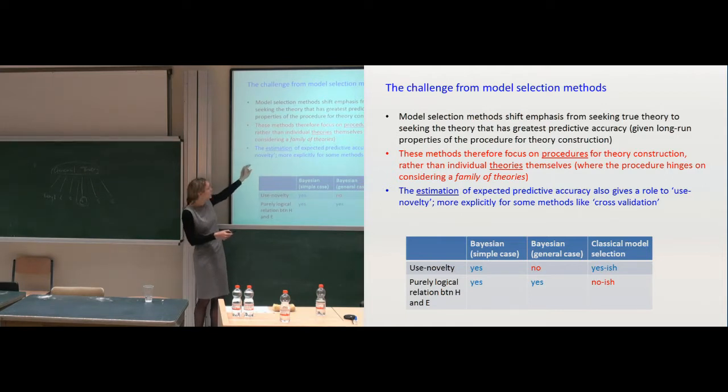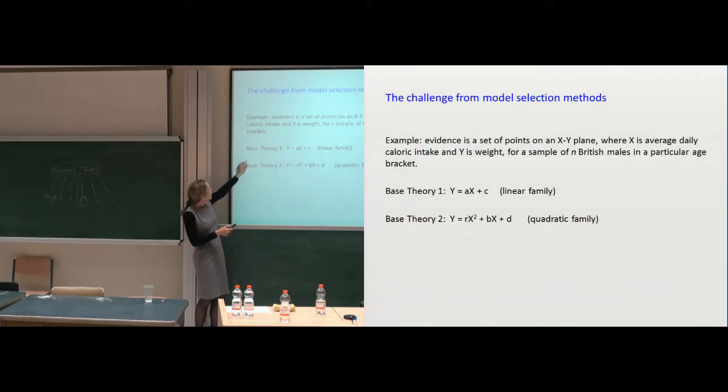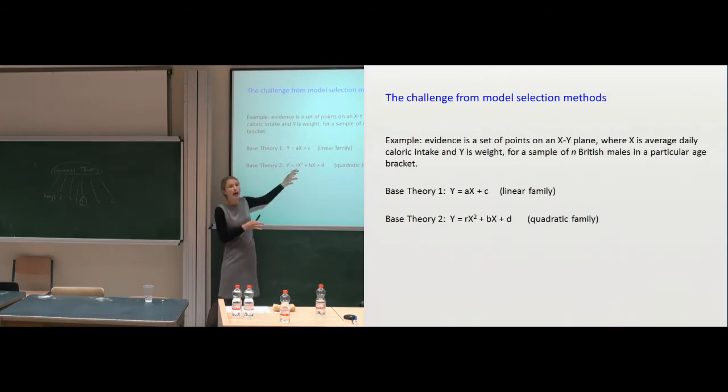Now, I think I have 2 minutes. So I'm going to give you an example of an estimation procedure, and then we'll basically finish. But just to be clear, another example: I was talking about climate model families before and fitting the aerosol parameter, but often people just go back to very simple examples in this literature where, say, one procedure is to look at the linear family of curves, right?